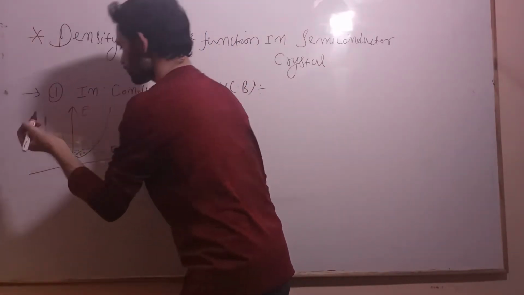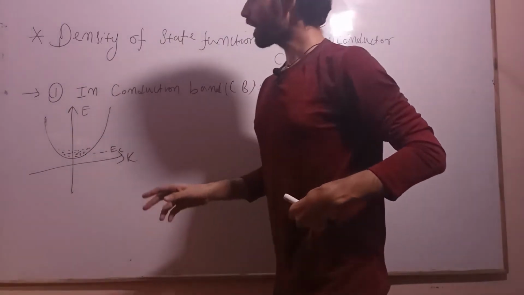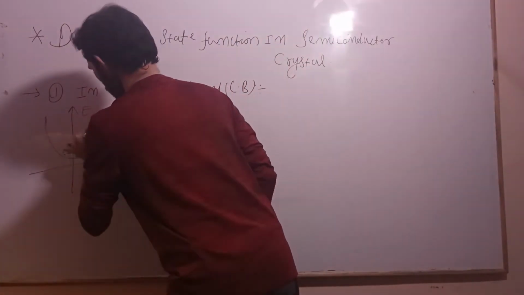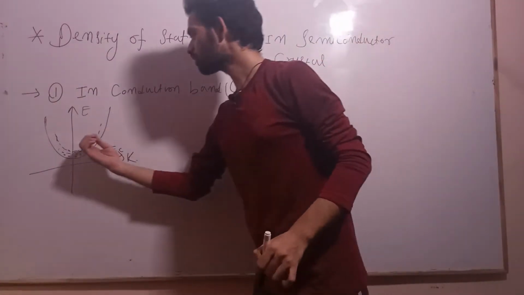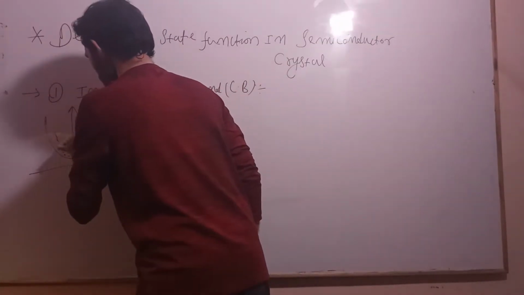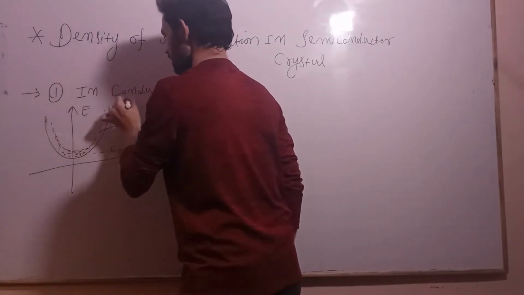Here, near the bottom of the conduction band, the energy of this electron is approximated as a parabolic curve.